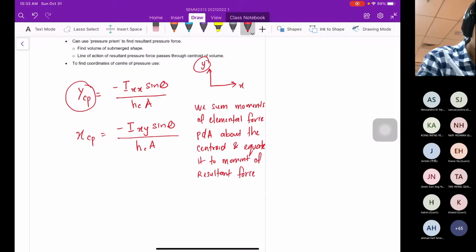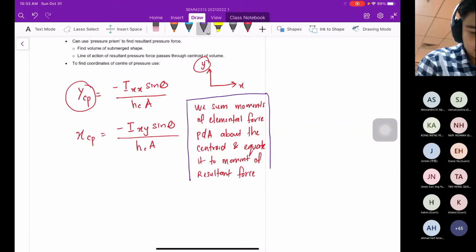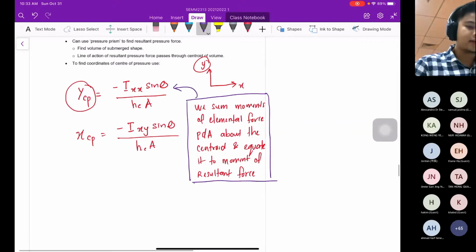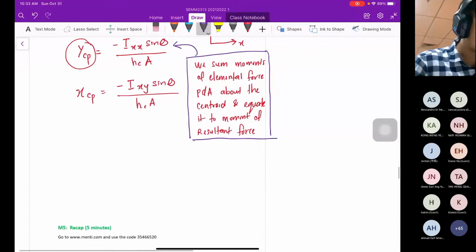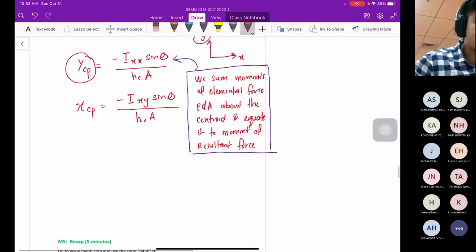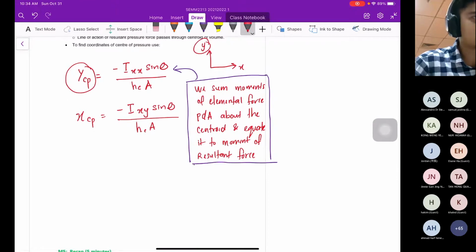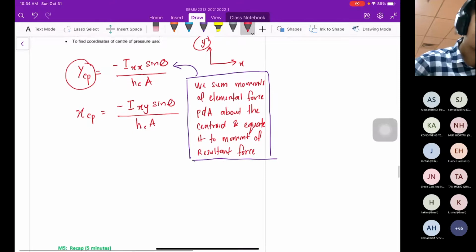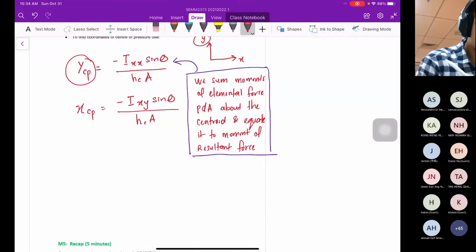Okay, basically this is just a definition to derive this one. So what you need to know basically this equation. Just remember YCP equal to negative IXX sine theta over HC times area. Okay, later on I will explain this term.